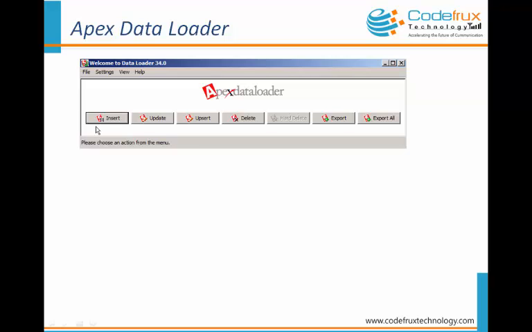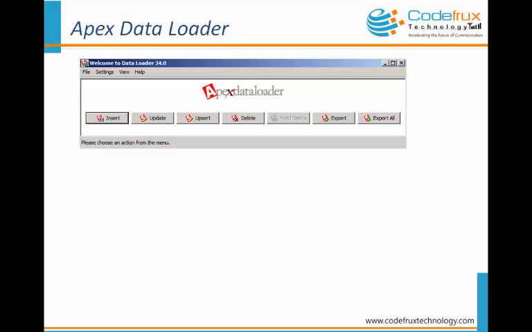You have to provide an external file for doing the import, which contains the IDs for inserting into the Salesforce application. Similarly, you have update, which contains the IDs of the records that need to be updated inside Salesforce. The IDs should match the records in the Salesforce application that will get updated.